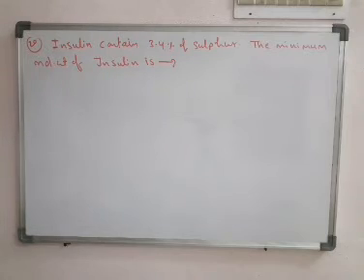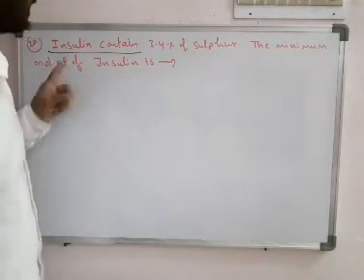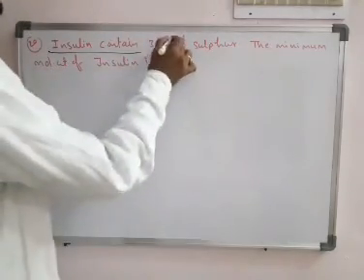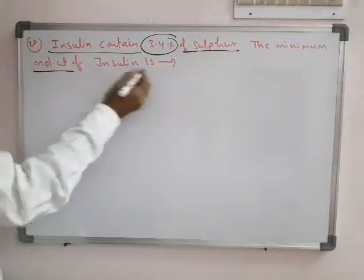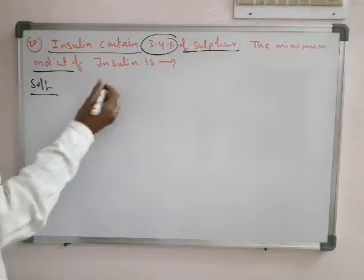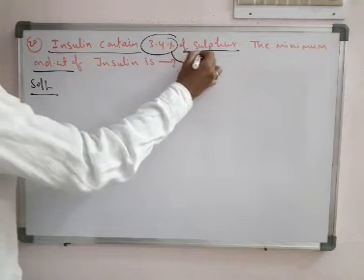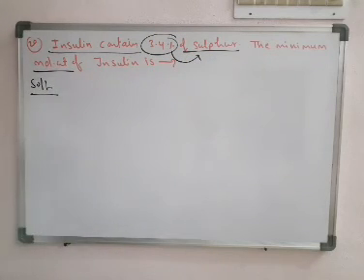Twentieth problem. Insulin, which we know is present in our blood, contains 3.4 percent of sulfur. What is the minimum molecular weight of insulin? There is no need to know the formula of insulin.